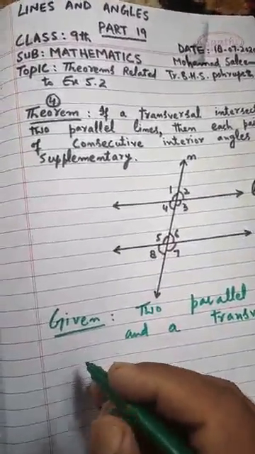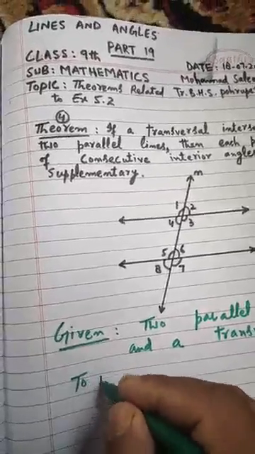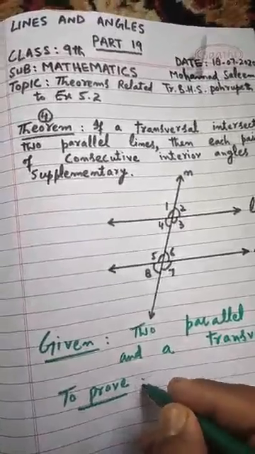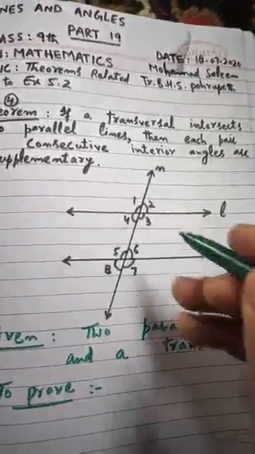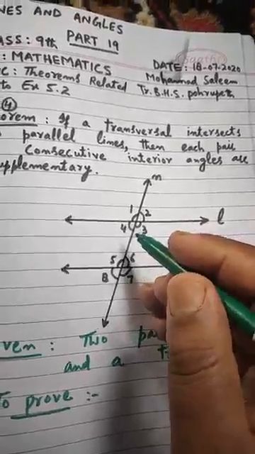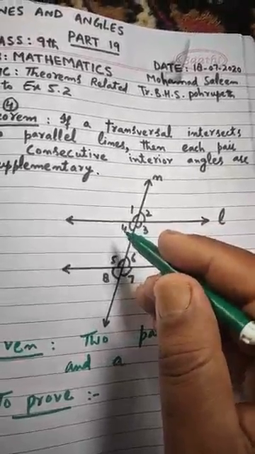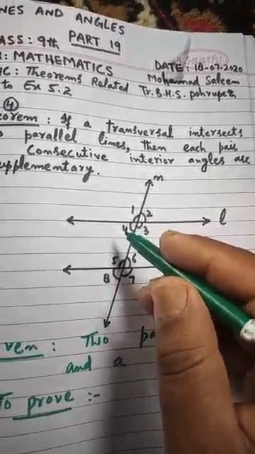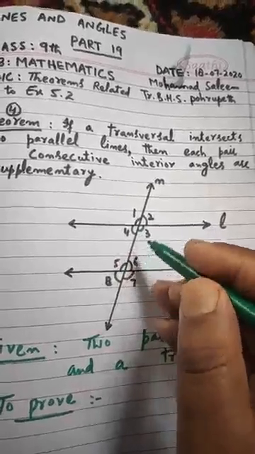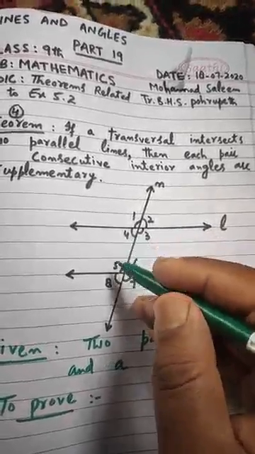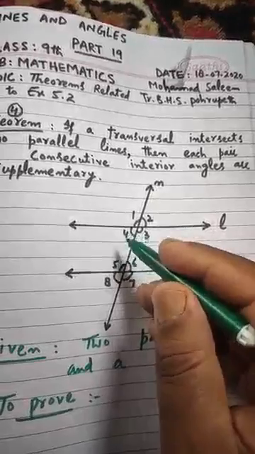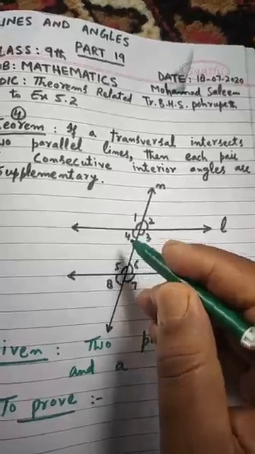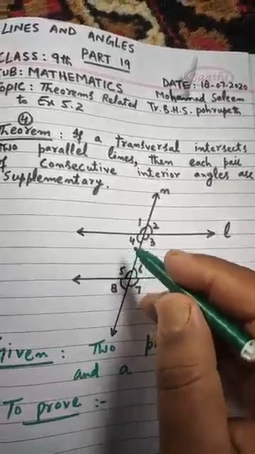Okay, now what do we have to prove? We see so many angles are formed. In fact, 8 angles are formed, and we have to prove that the sum of each pair, since we have two pairs, that means angle 4 and angle 5, their sum is supplementary.